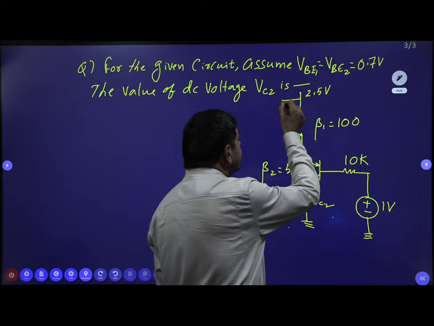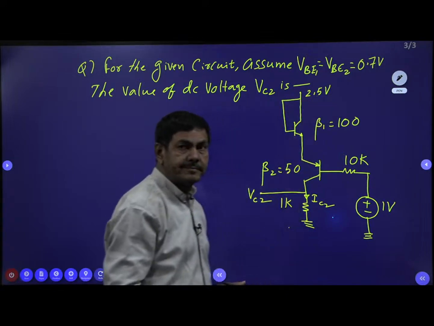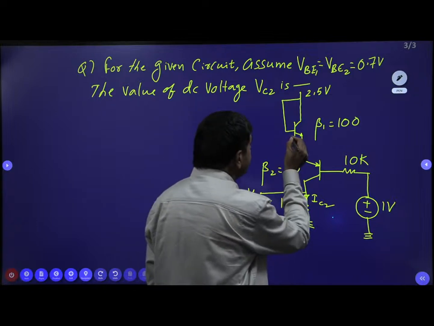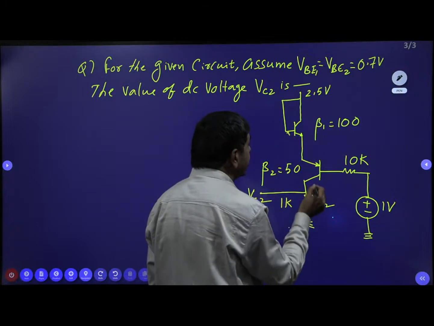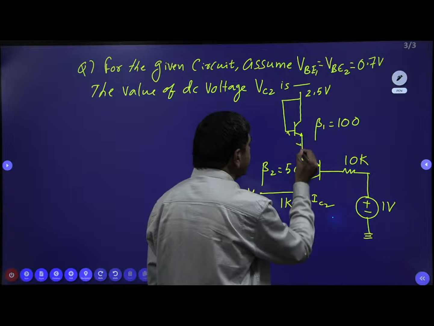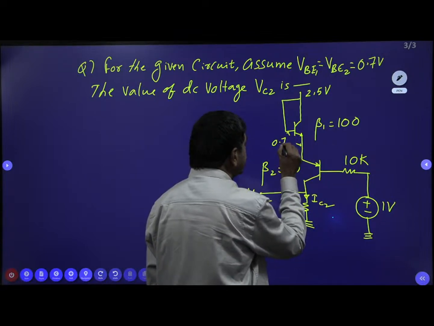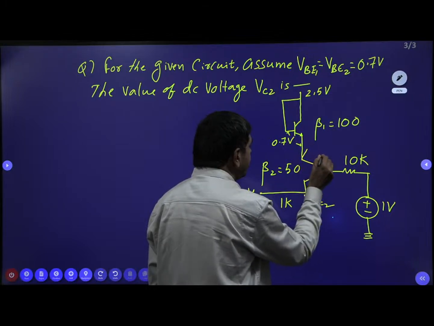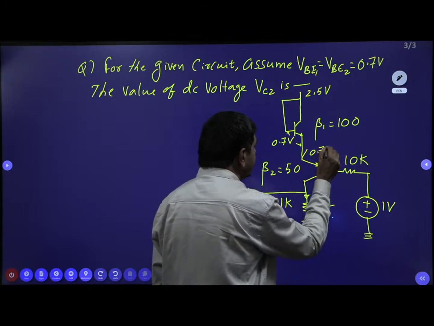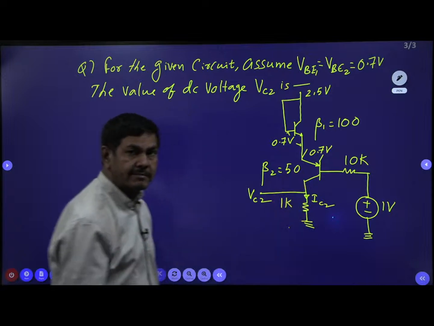This voltage is given as 2.5 volts. The drop across VBE1, the first transistor, and VBE2, the second transistor, is 0.7 volts each; the base to emitter voltage is given.